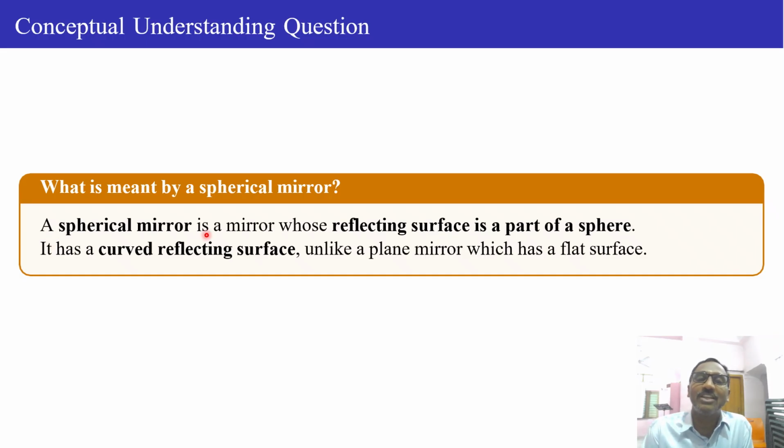A spherical mirror is a mirror whose reflecting surface is part of a sphere. It has a curved reflecting surface, unlike a plane mirror which has a flat surface. So a spherical mirror has a curved reflecting surface.